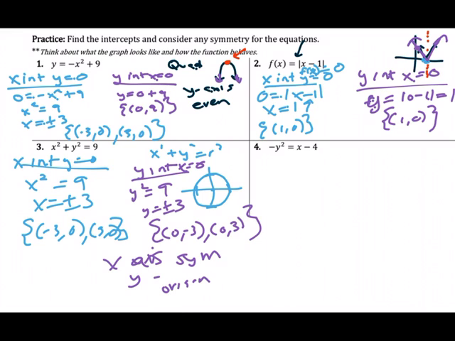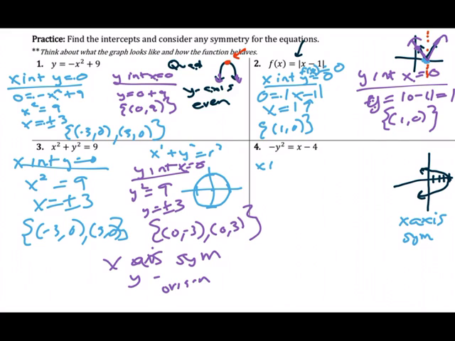Number 4, whether or not you remember this, is actually a horizontal parabola, not a function, but it would look something like this. Again, you don't need to know that information in order to find the x and y intercepts, but it's always helpful to start and think about that. This would have x-axis symmetry.